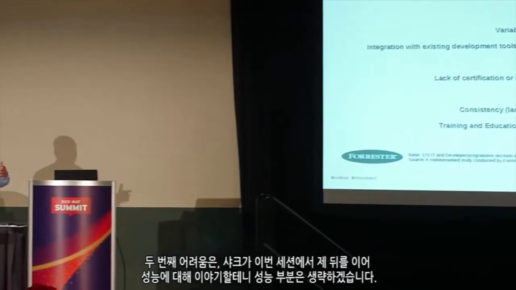The second challenge really is, I want to skip performance because Shaq is after me in this session talking about performance. The next big problem really is the complexity of managing what's happening in these many containers in distributed infrastructure across multiple and different environments. So we obviously need to solve a number of problems before we can truly adopt containers broadly in the enterprise and deliver the benefits into the organization.